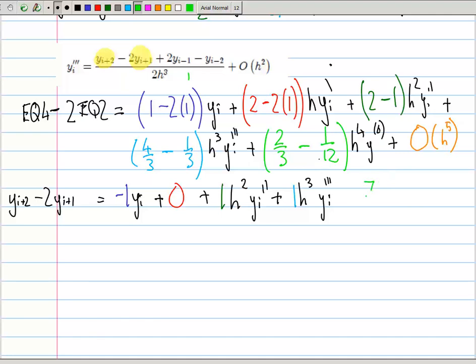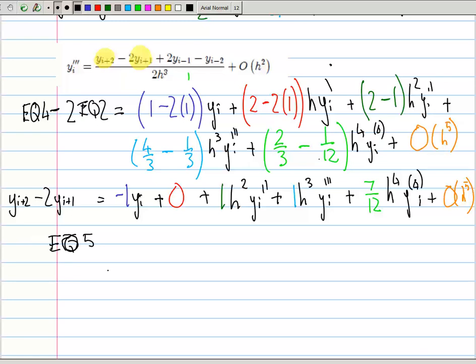Let's put that here, 7 over 12. And I'll put this in, plus that times h to the 4, y to the 4th prime. Fit in my i's. And we still have our O(h^5) term. And let's call this equation 5.